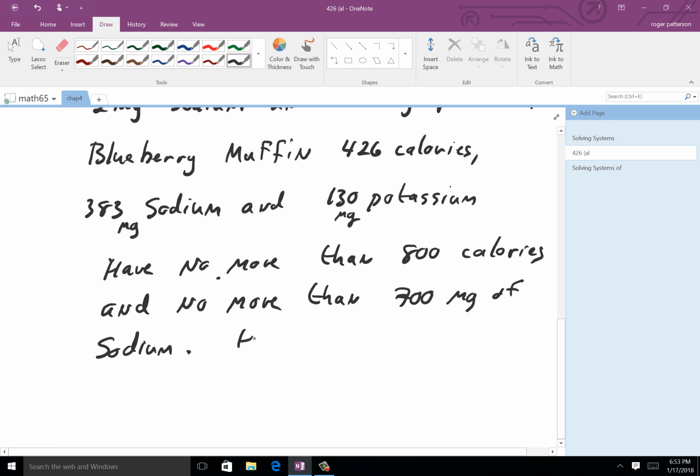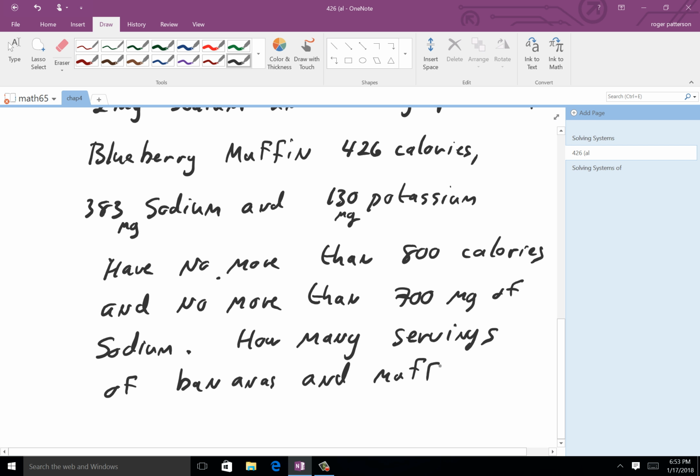Okay, how many servings of bananas and muffins to maximize potassium? Okay, so crazy question this is.